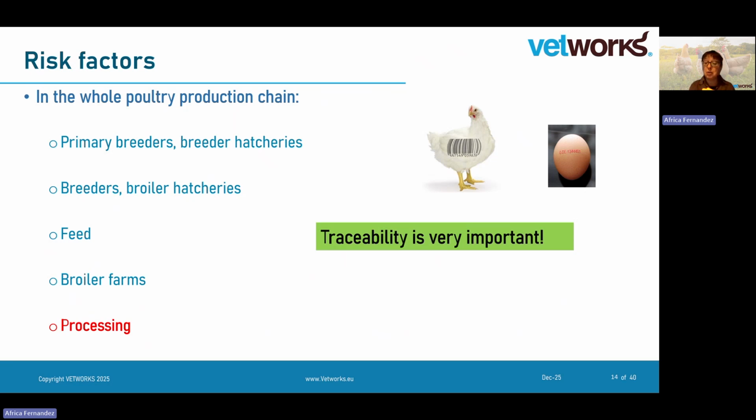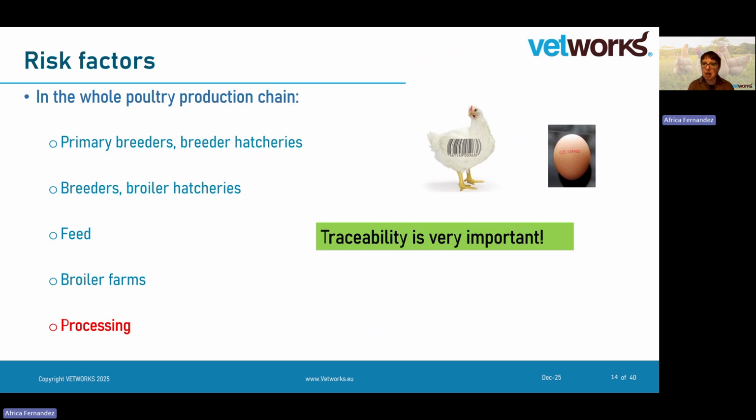I have highlighted processing because it's the last stage, the last chance to try to reduce Salmonella in the chicken products before they go to the consumer.